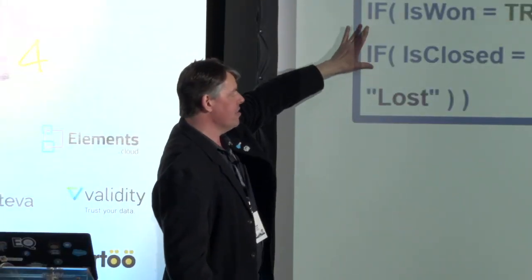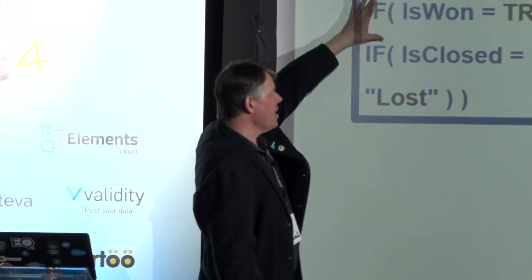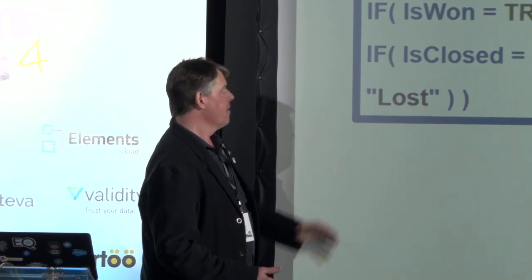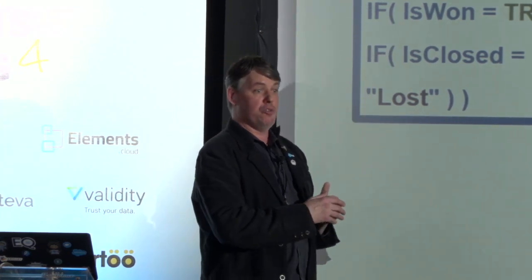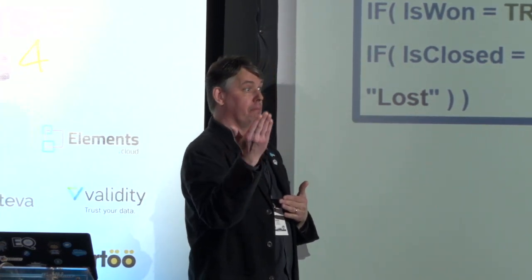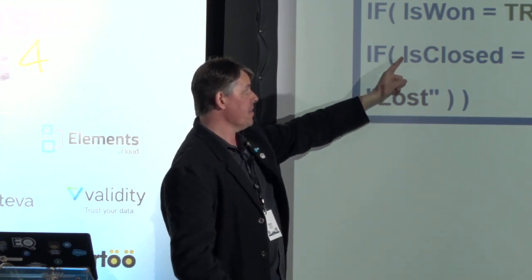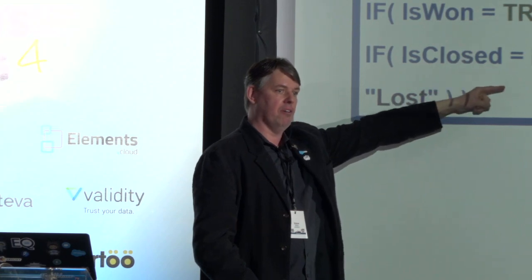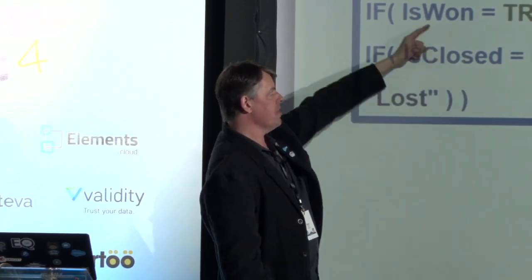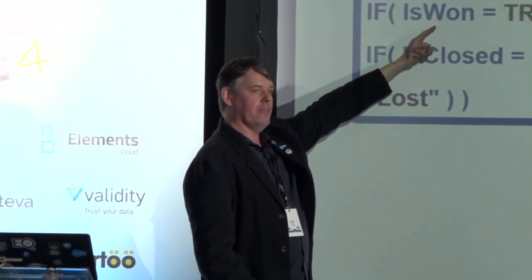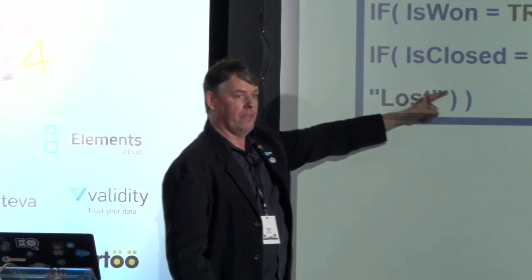So I nested this second if inside of the first if. So if IsWon equals true, return the word won. But if IsWon is not true, then I check to see if IsClosed is false or unchecked. If something is not a win and it's not closed, then it's open.